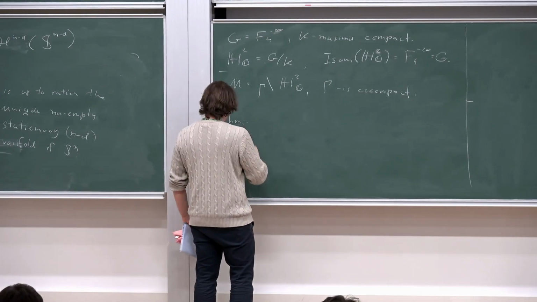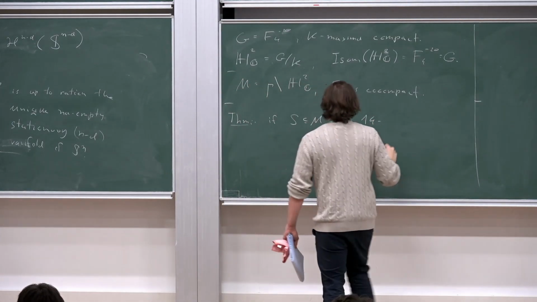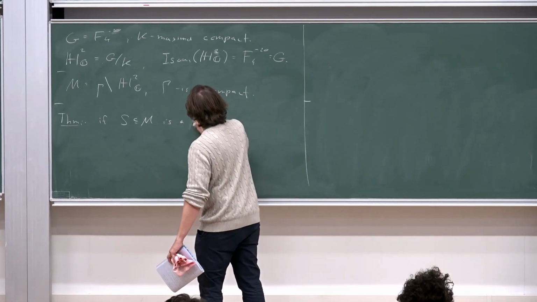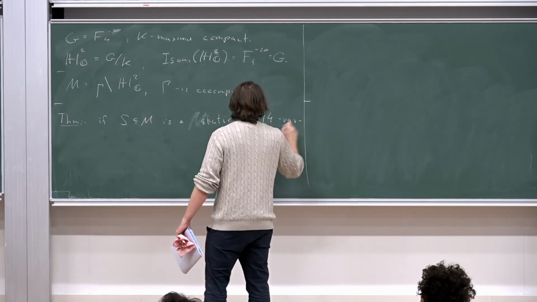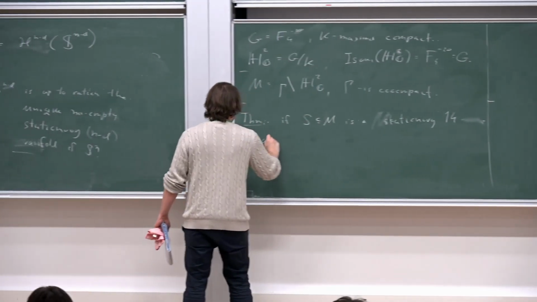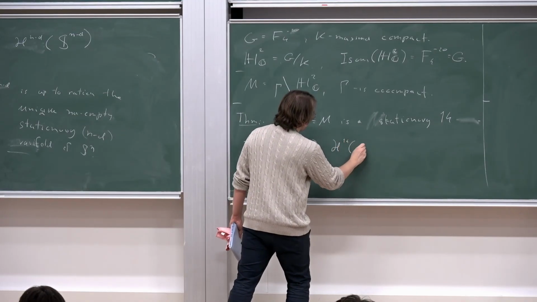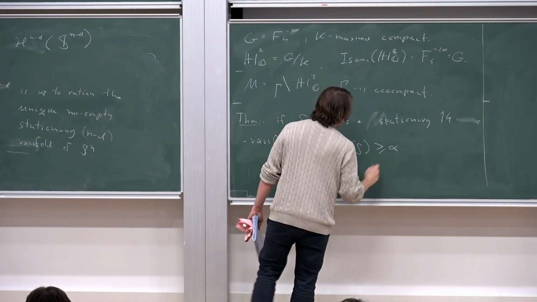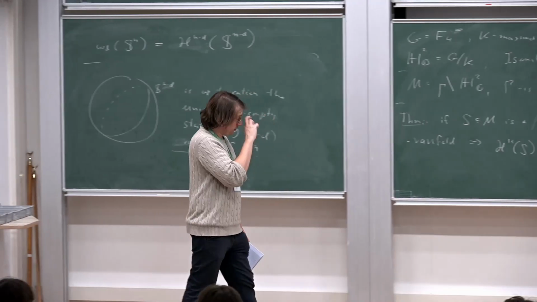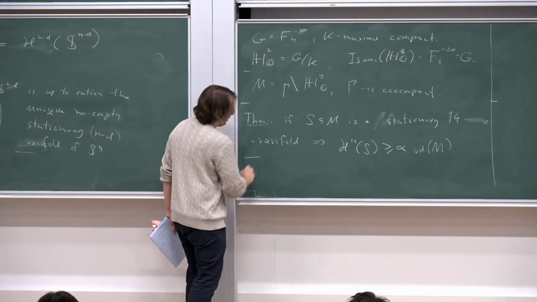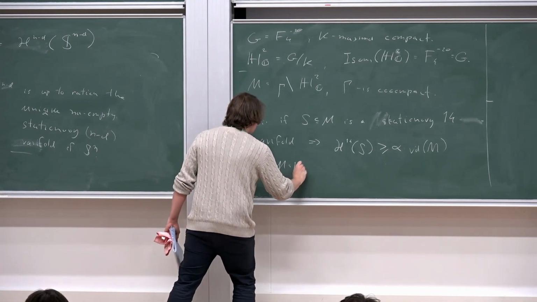With M as above, if S in M is a 14-dimensional stationary varifold, then the 14-dimensional volume of S is at least some constant alpha times the volume of M. And this alpha is uniform over all manifolds in this family. 14 is exactly codimension 2, since the dimension of M is 16.